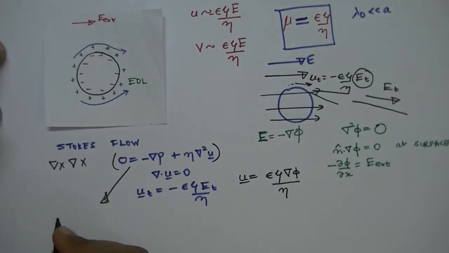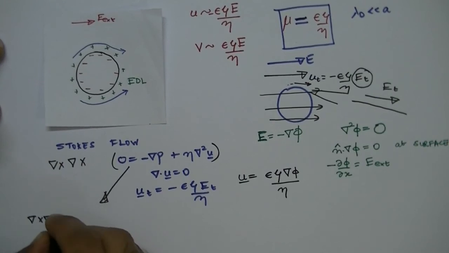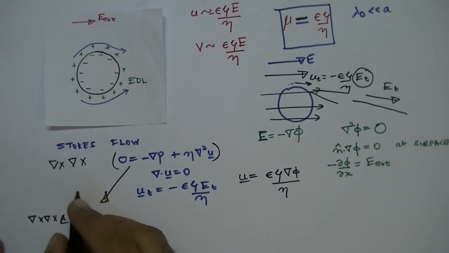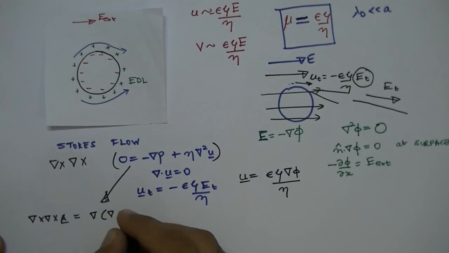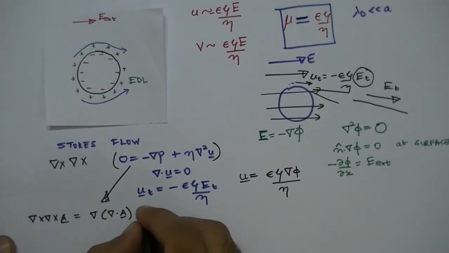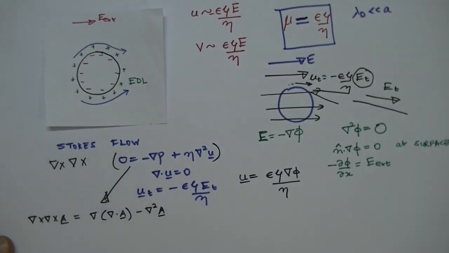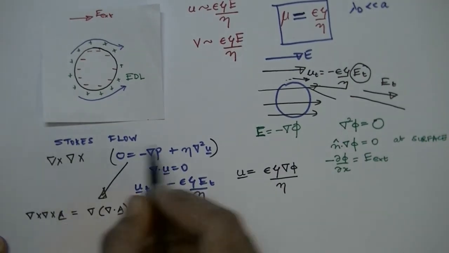And what happens is that we know that curl of curl of some vector field is given by the gradient of the divergence of the vector field minus the Laplacian of that vector field.